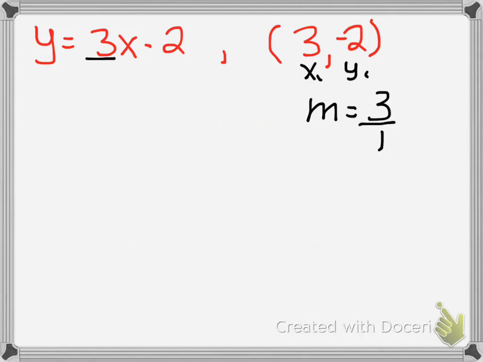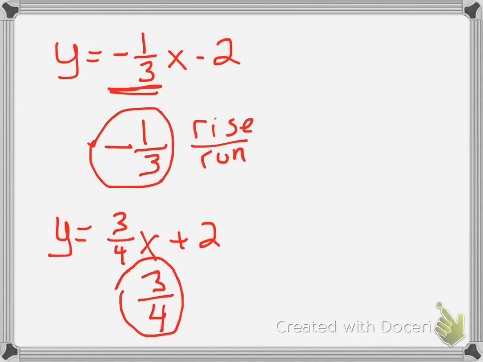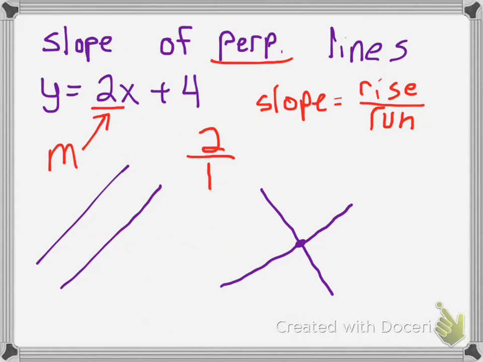I need a perpendicular slope. Now, this is going to be a twist here. If you look back at the drawing that I had of these perpendicular lines right here, that I now put in black, one of the lines has a negative slope, the other line has a positive slope. So what could you assume would happen if I'm trying to find a line perpendicular to a given slope?